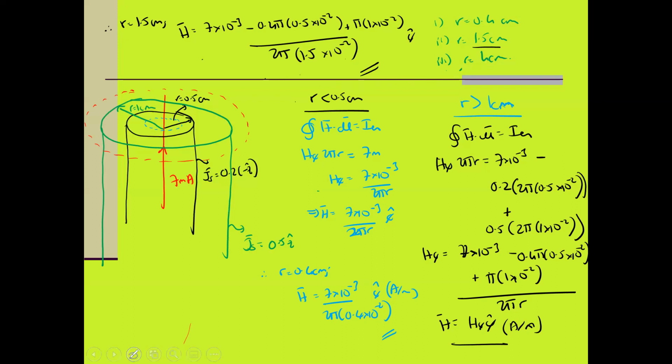So for R equals 4 centimeter, we can use a similar equation but change the value of R to 4 times 10 to the negative 2. That should be the H field intensity at R equals 4 centimeter.